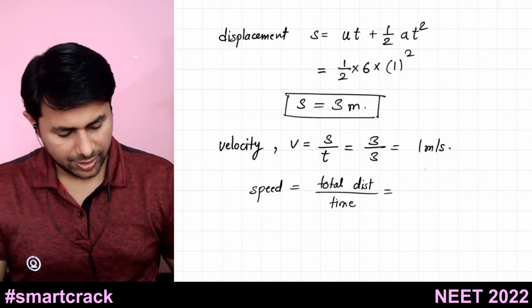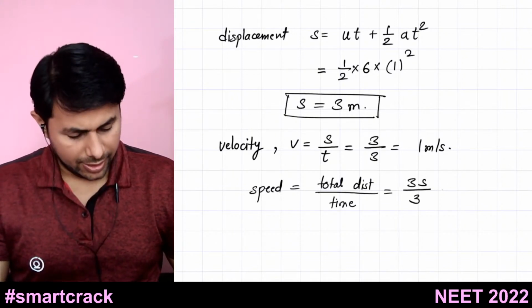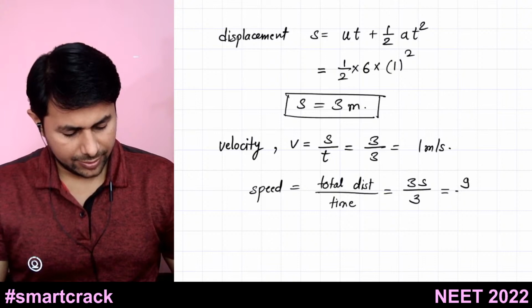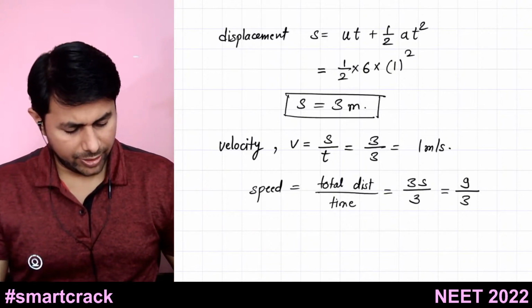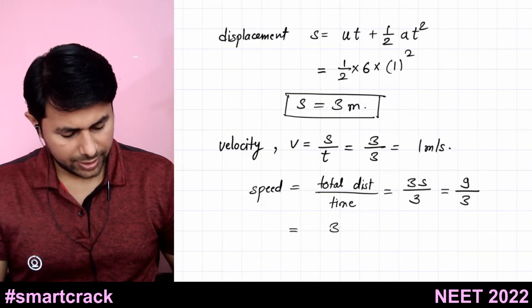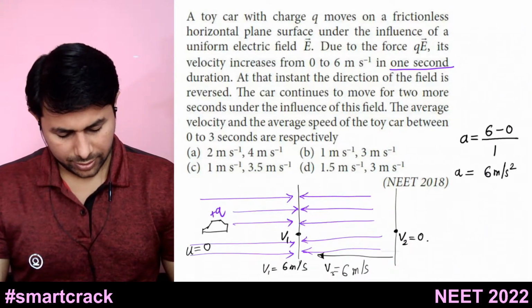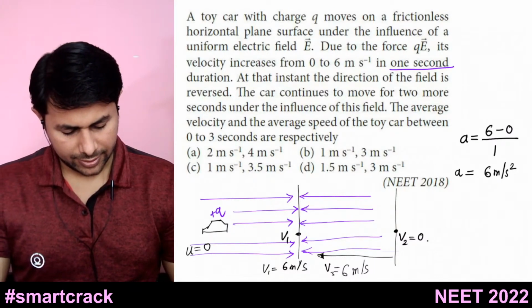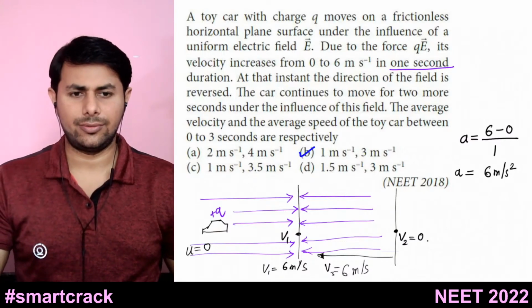So it is 3 times s upon time, which is 3. S is 3 meters, so 3 times 3 is 9. 9 upon 3, so it is 3 meters per second. So this should be the answer. Option B is the answer.